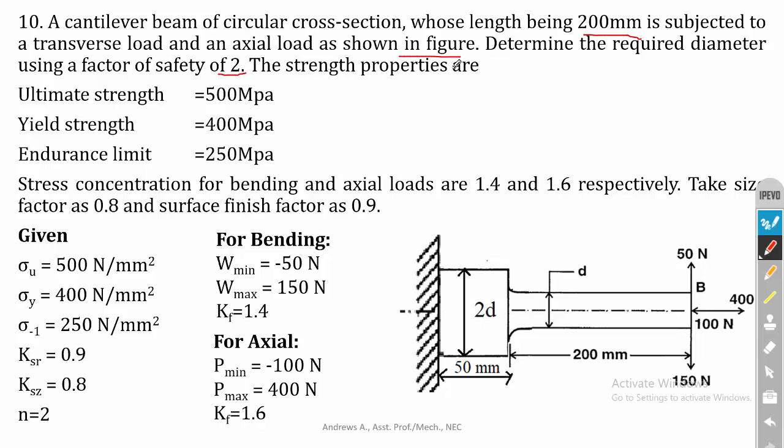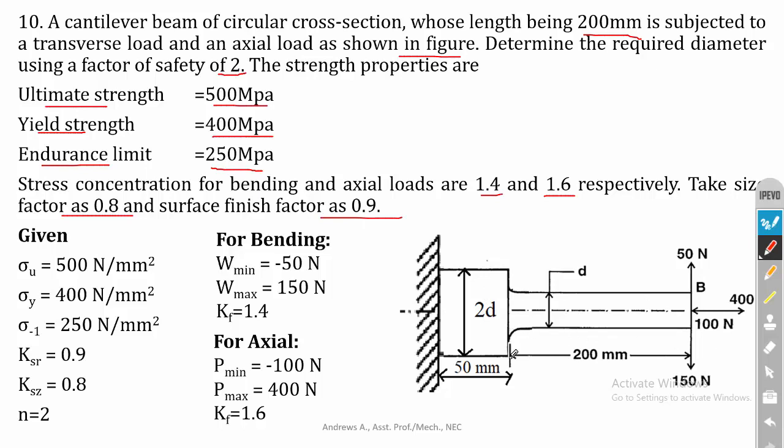The strength properties are: ultimate strength is 500 megapascal, yield strength is 400 megapascal, endurance limit is 250 megapascal. Stress concentration factors for bending and axial loads are 1.4 and 1.6 respectively. Take size factor as 0.8 and surface finish factor as 0.9. So this is the given drawing.